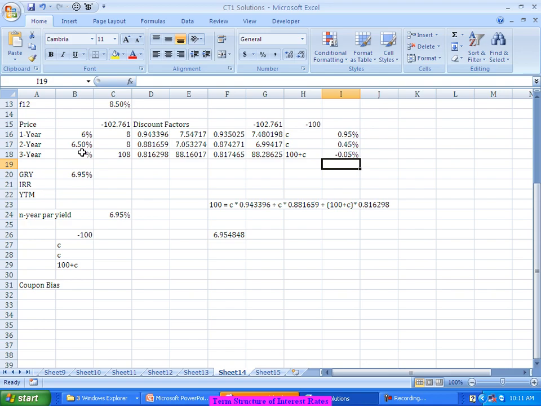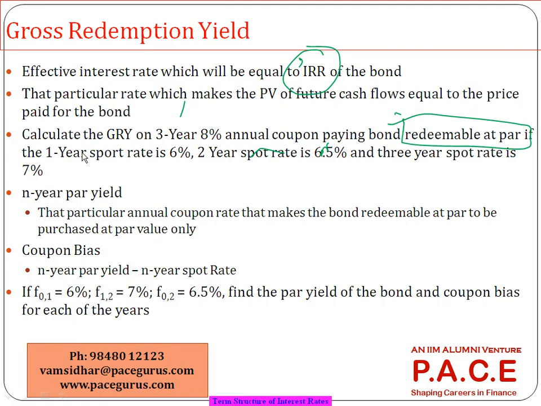right? Then, so even if forward rates are given, here the question is where the forward rates are given. So probably you can convert the forward rates into spot rates. How do I convert if I'm given F12 is equal to 7%, F01 is 6%?